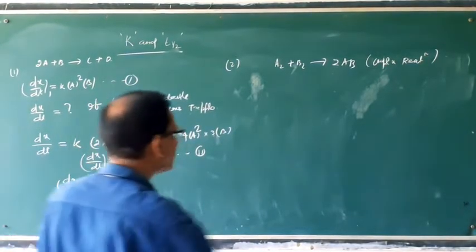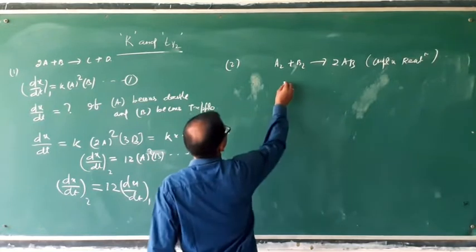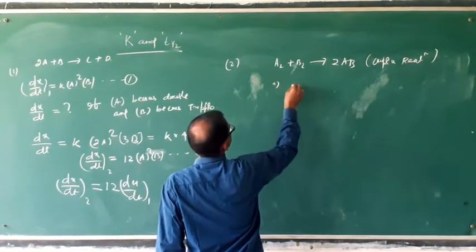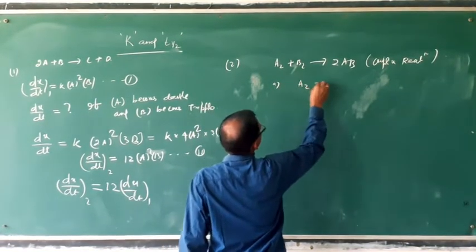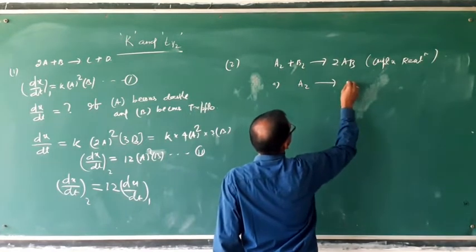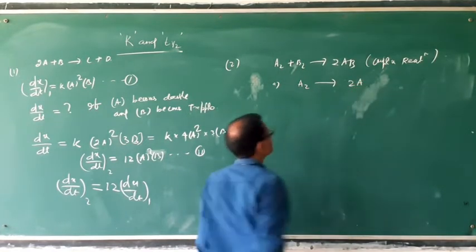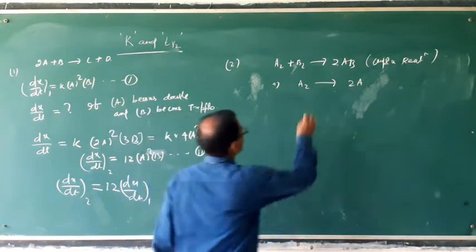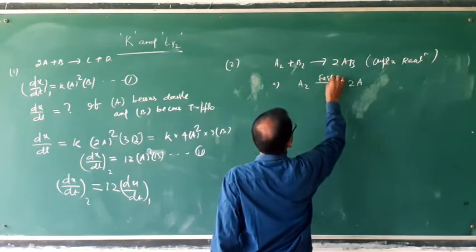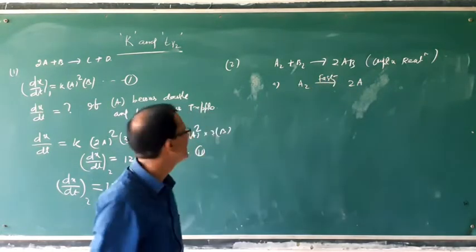What are the steps already given? First step is A2 decomposed to 2A. It is the first step, not a slow step.